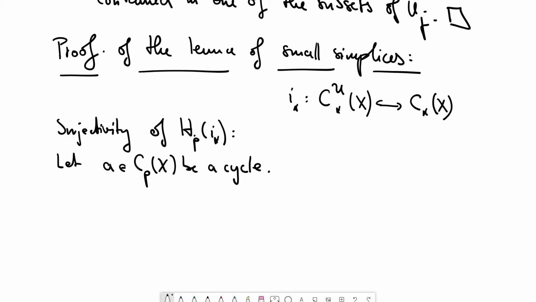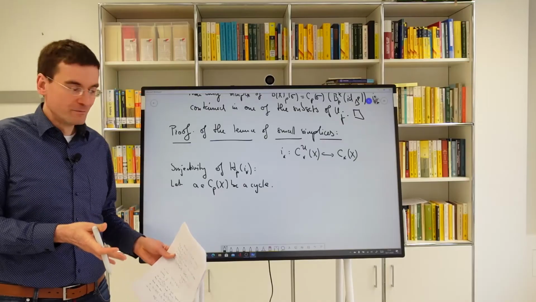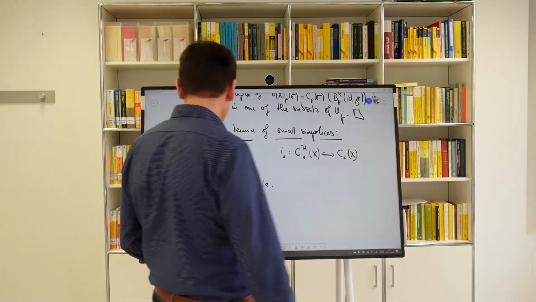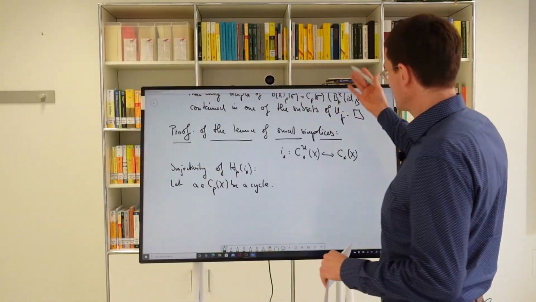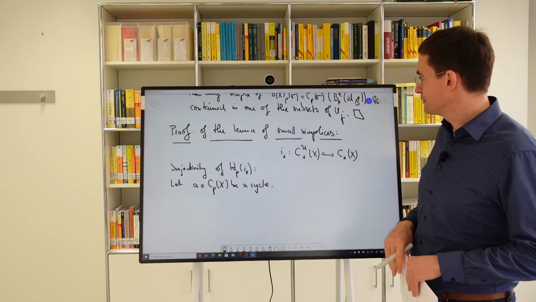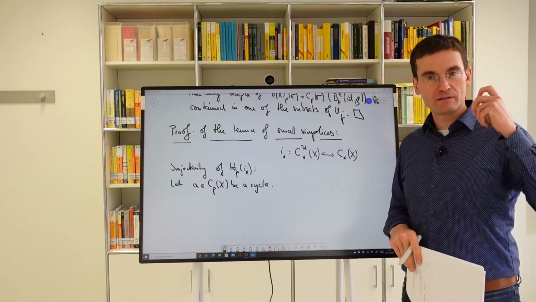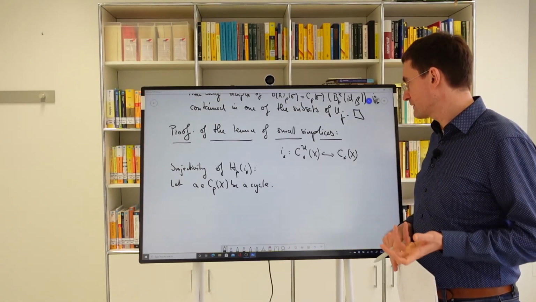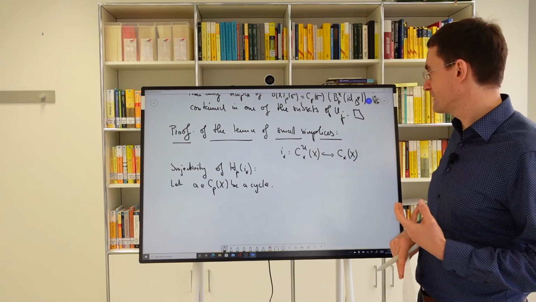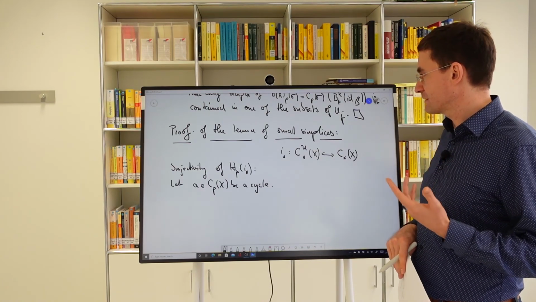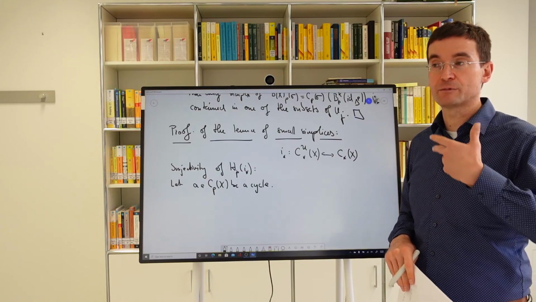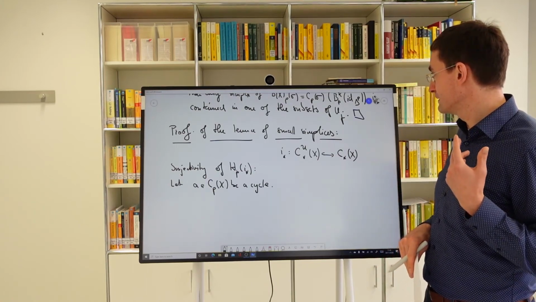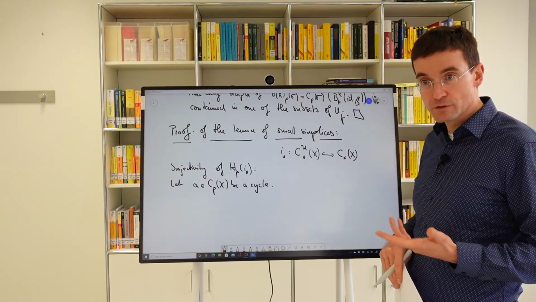All right, so we need something in C^U. What could it be? Well, we apply what we already know. So we know that at least for each singular simplex in X, we can apply the barycentric subdivision operator a certain number of times, and then it lies in C_p^U(X).